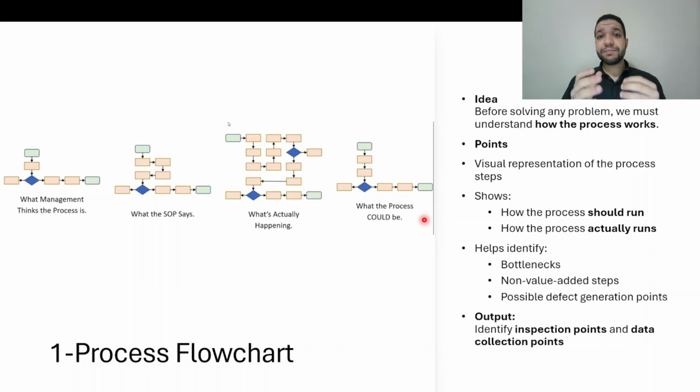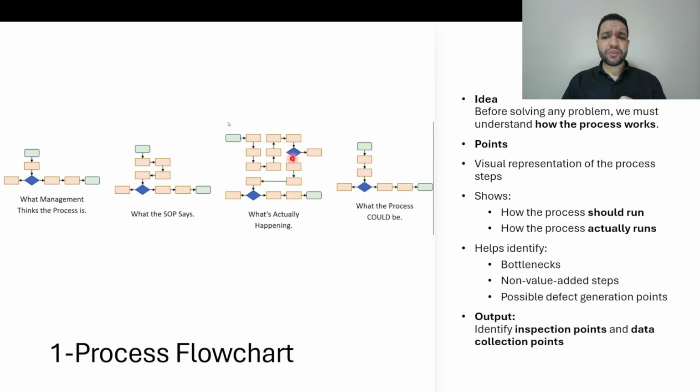Flowchart is a simple way of telling us how the process is going and how the process should go. Process chart has dedicated samples for it. We will not go deep in each method, it's just an overview. But the flowchart shows where the process starts, where the process ends, where we can loop.